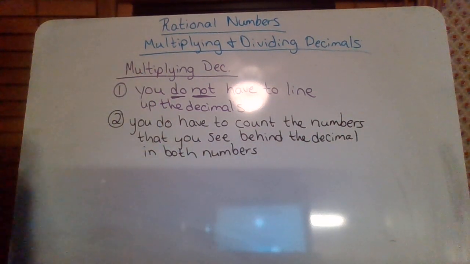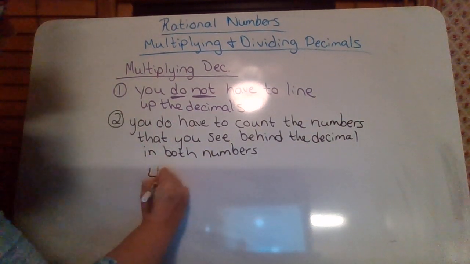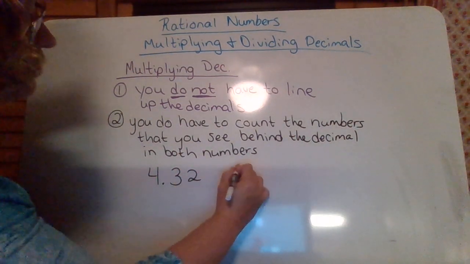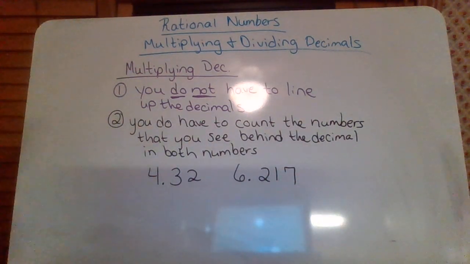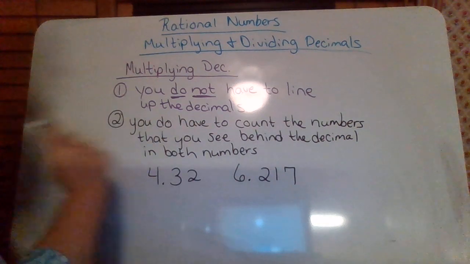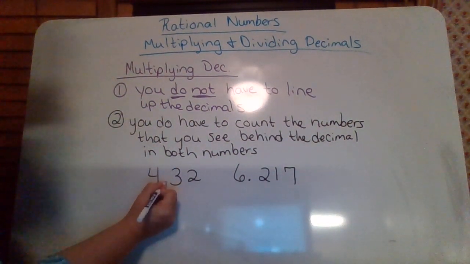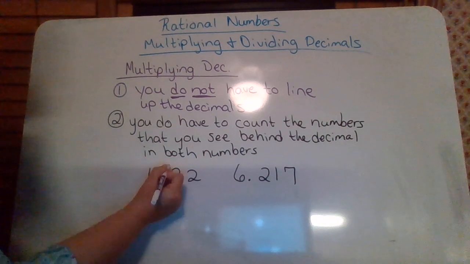Okay, so let's say that I give you 4.32 and I give you 6.217. So what I'm talking about is the numbers that you see behind the decimal. So right here's the decimal. What does behind mean? Behind means anything back here.